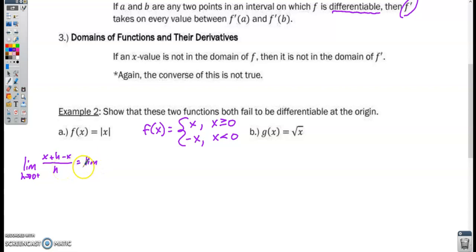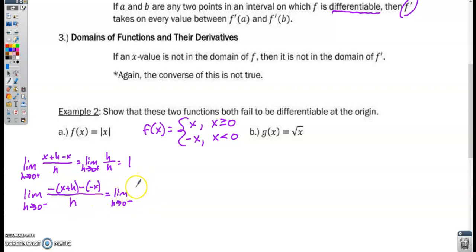That's the limit as h goes to 0 from the right of h over h, which is 1. And then if I do it from the left, we've got the limit as h goes to 0 from the left. That's the opposite of x plus h minus the opposite of x all over h, which is the limit as h goes to 0 from the left of negative h over h, which is negative 1.